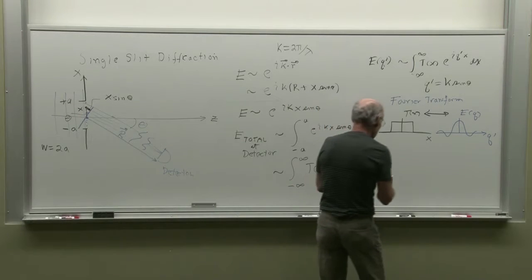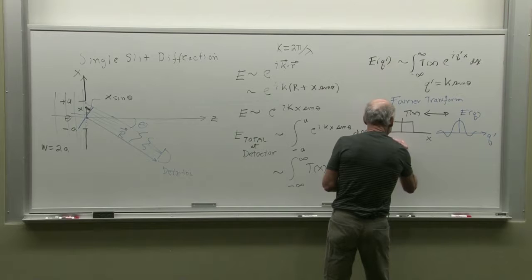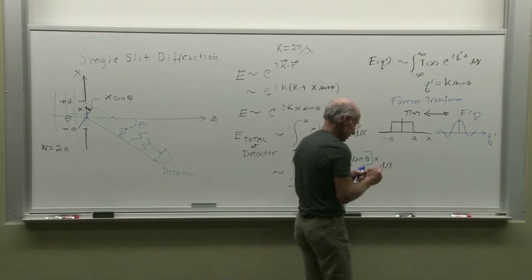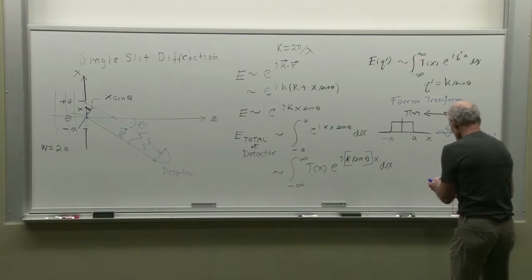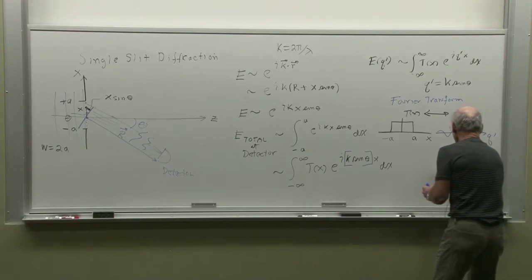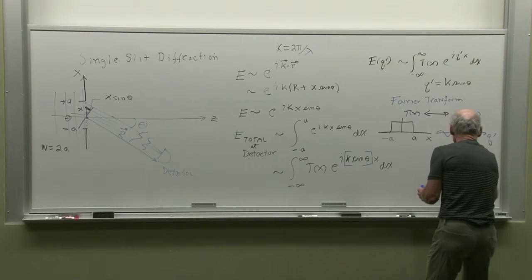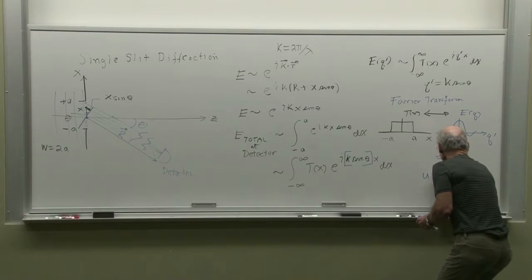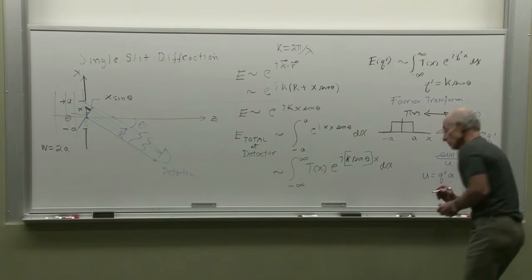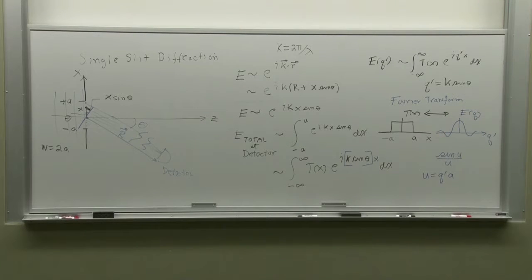Let's keep pushing this. Minus a. Where's the first minimum over here? Let's remember the function. It was sine of u over u. What will u be? u is q prime a, a dimensionless variable, right?